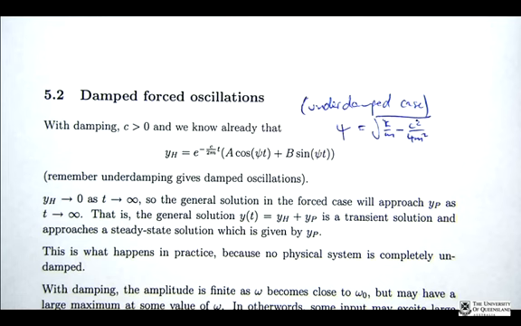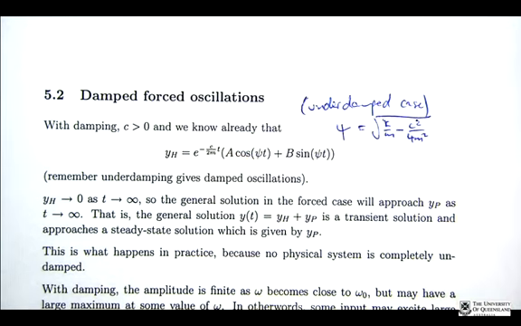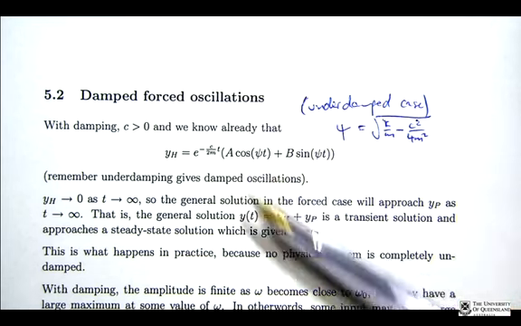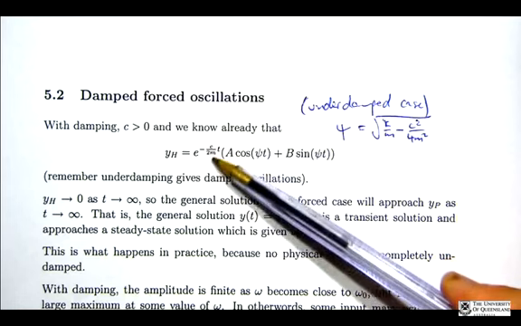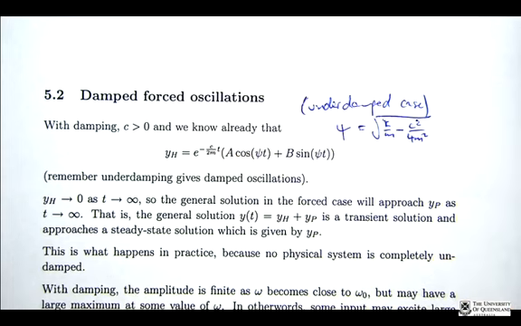All right, well, because of this exponential term, and remember c and m are positive numbers, we've got these exponentially decaying oscillations. What that means is as t gets larger, these oscillations become smaller and smaller due to the presence of this exponential term.